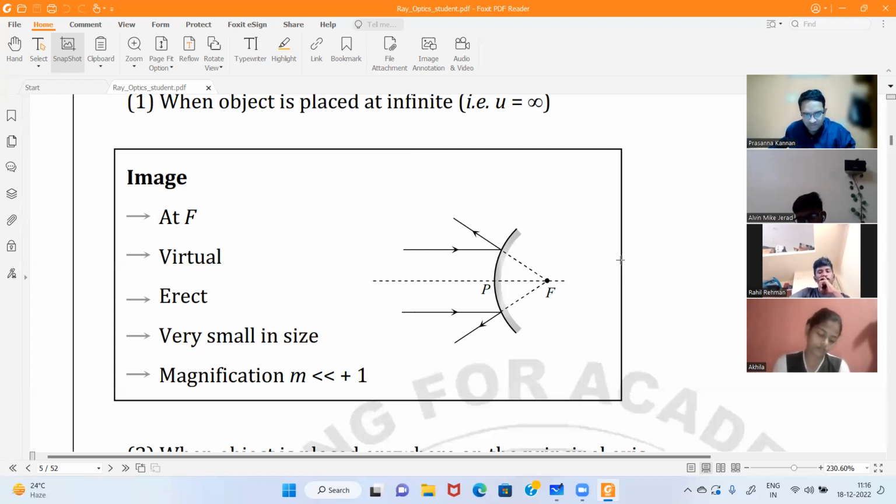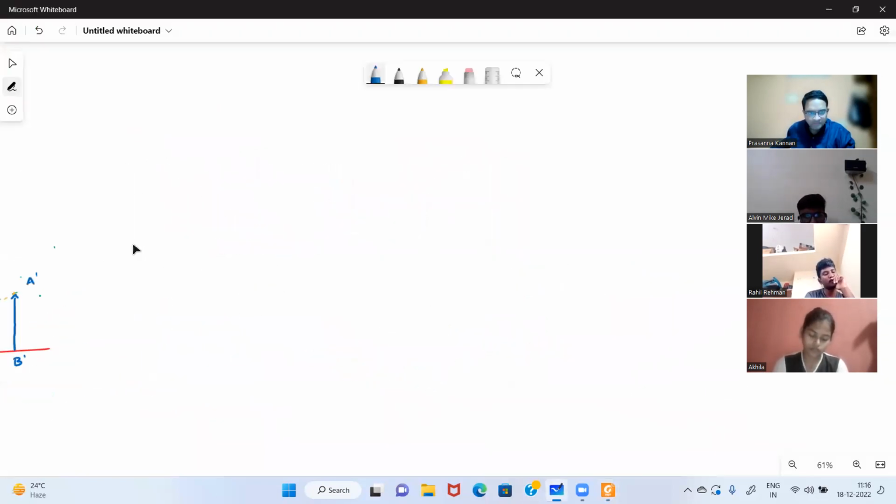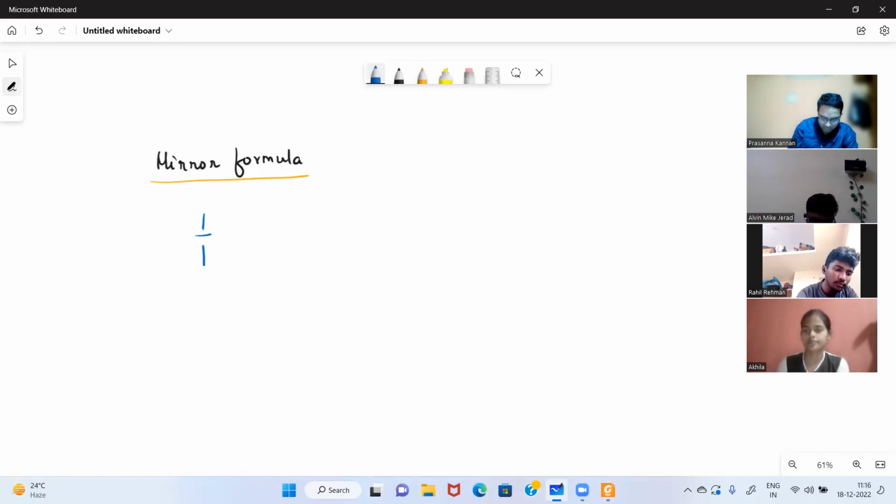Now let's look at the next concept: the mirror formula and magnification. Already we know the mirror formula. 1 by f is equal to 1 by u plus 1 by v, where f is the focal length, correct?